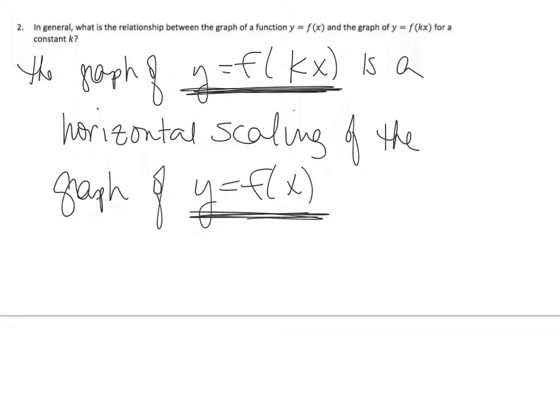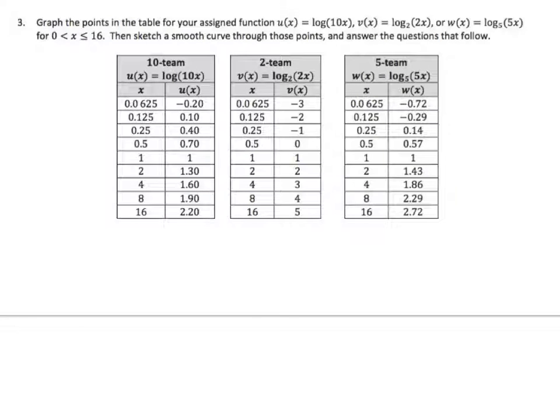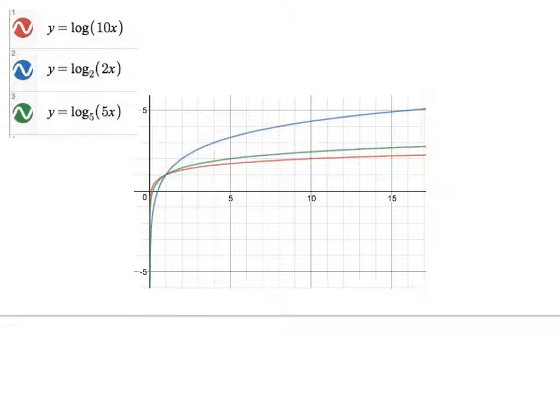Now we're going to graph some different points where we're going to have a k value in there. So here, my k value is 10, 2, and 5, and how does that affect things? I went ahead and graphed it on Desmos because it's so much easier, and I can take screenshots, and it's great. So here we have log of 10x, log of 2x, and log of 5x.